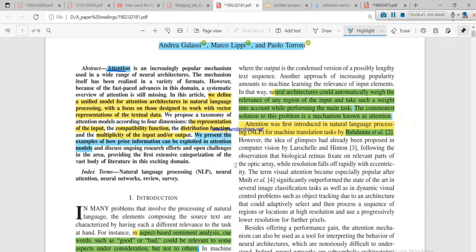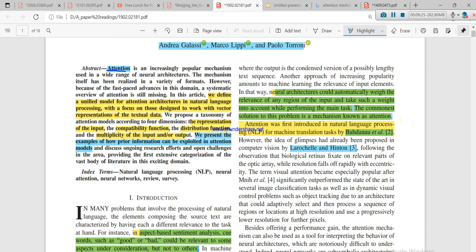It has already been used in computer vision by Larochelle and Hinton, and following others, in the biological retina. Here they are discussing that the main approach is taken from this paper, because this paper is also saying how attention works in a retina. If we watch a complete image, we can easily recognize it without watching other things and say, okay, this image is of this thing.